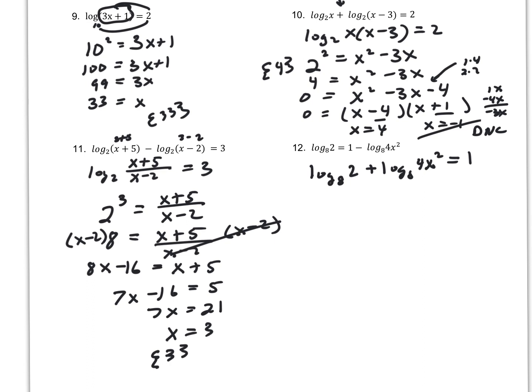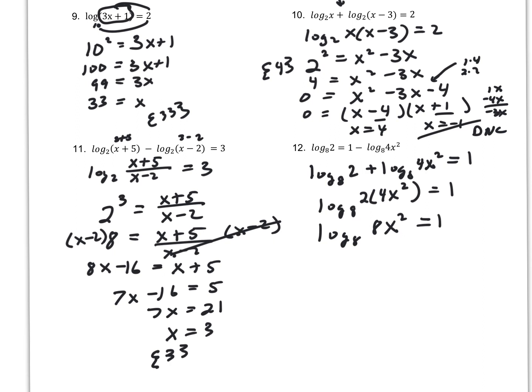So now I have the logs on one side, a number on the other, and then I'm going to make sure that I combine my logs. So I have addition that leads to multiplication, so 2 times 4x squared. I'm going to continue to simplify. 2 times 4 is 8x squared equals 1.